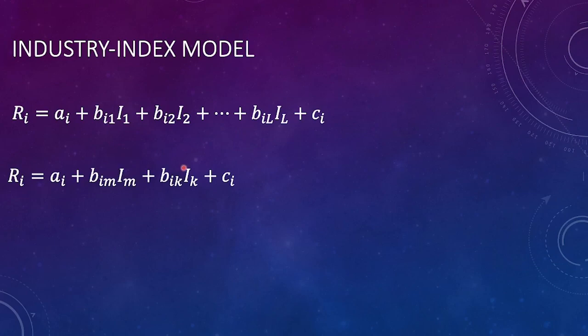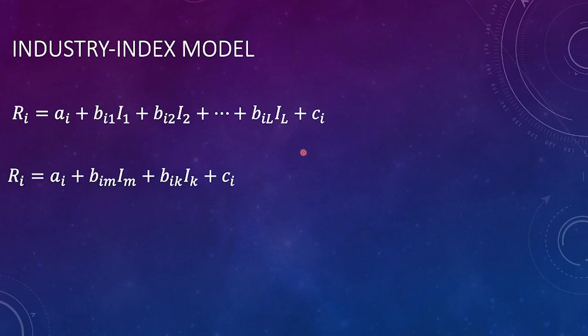Nothing else. So two stocks that belong to different industries will have this part different. IK will be I2 for one stock, and for another stock it might be I3 or something like that. That significantly reduces the number of inputs again. So you only have double the inputs of the single index model, and not L times more inputs, right?